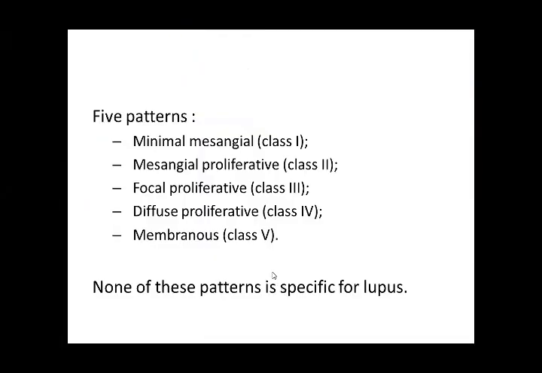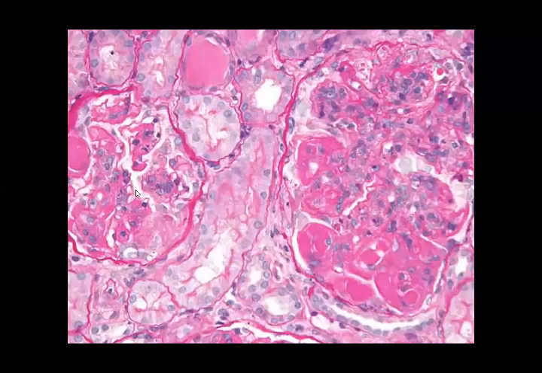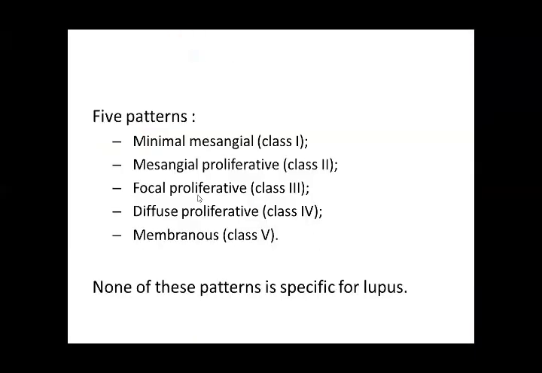There are 5 patterns of kidney involvement in case of SLE. Minimal mesangial, class 1, which means there is a little bit of proliferation in the mesangium. Where is the mesangium? Here. That mesangial proliferation is very little.